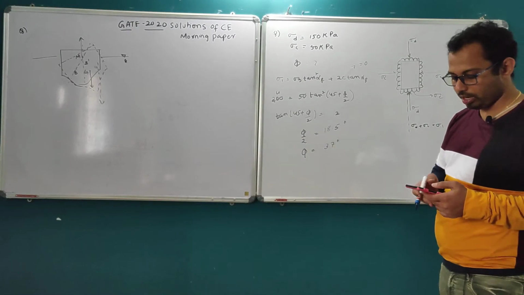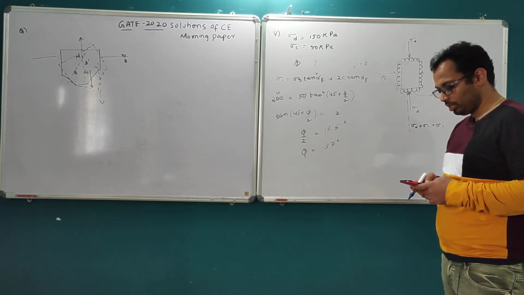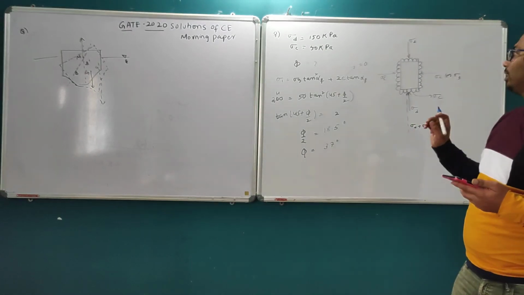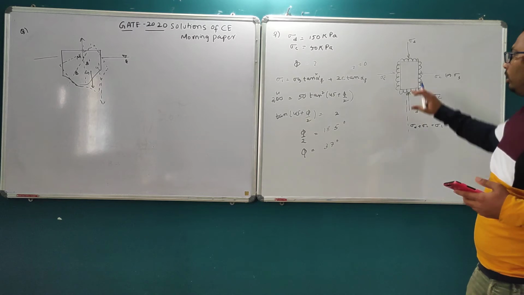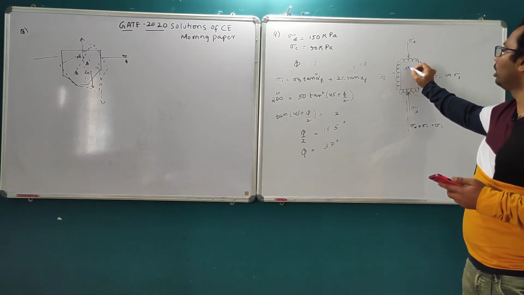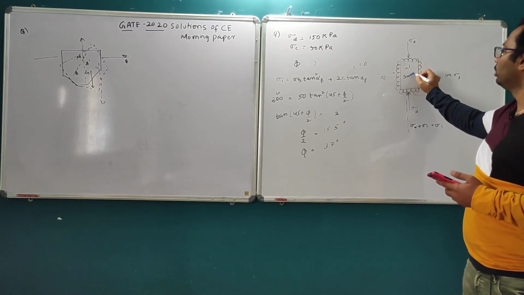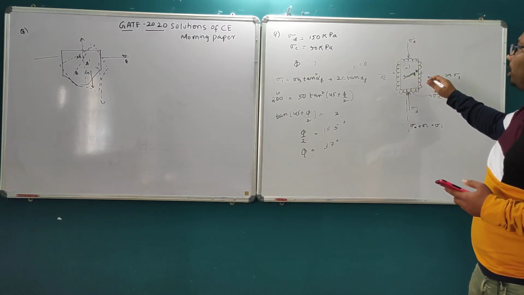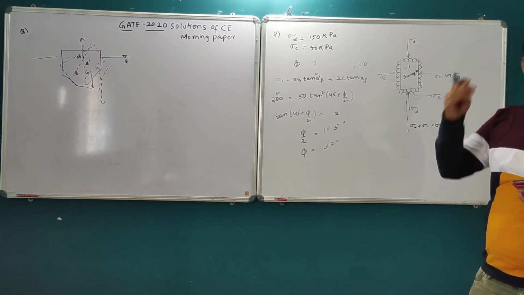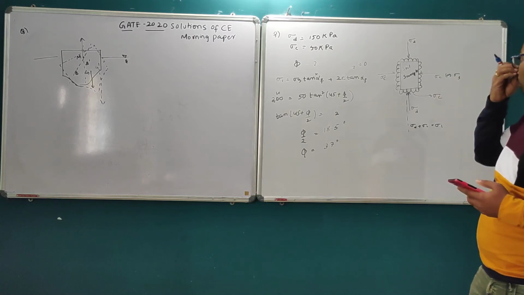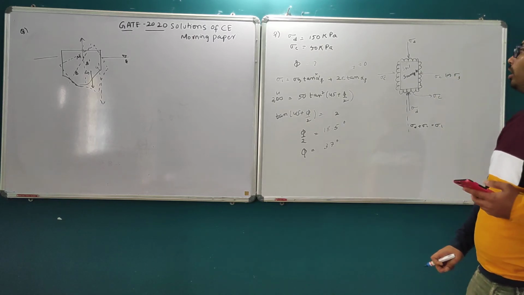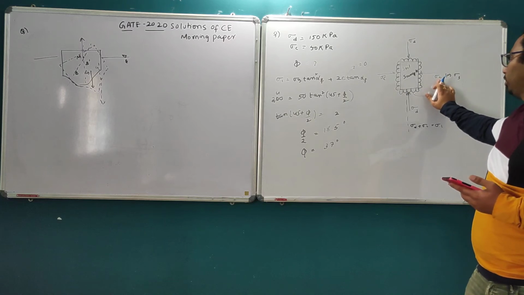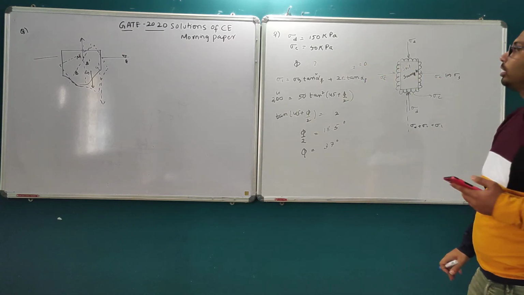So again I am repeating the same question, listen carefully. In a triaxial compression test, this is a soil specimen. On this soil sample we apply confining pressure, that is cell pressure, sigma c, which was given as 50 kilopascal.